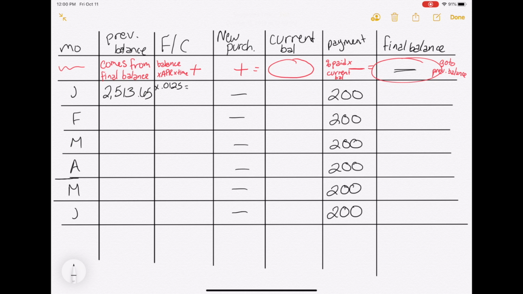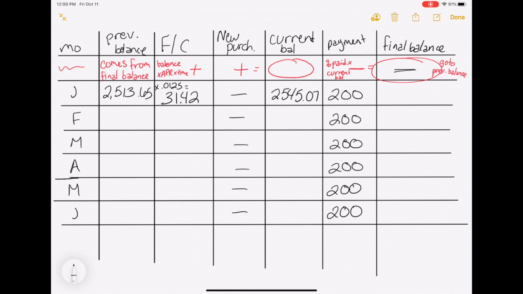So we get $31.42. That's pretty reasonable because the last 6 months it's been around $31. So we are going to add those two together to get our current balance. So plus 2,513.65. We have our current balance of $2,545.07.